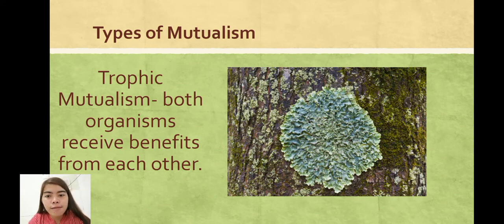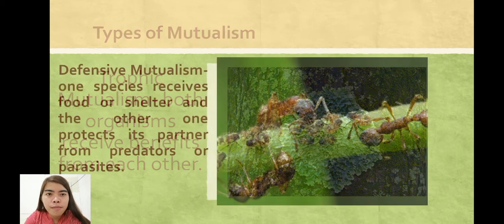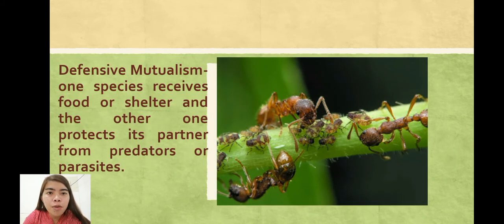Okay, understand? Next type of mutualism we have the defensive mutualism. So this example is given kanina sa video na pinakita ko sa inyo. Okay, when we say defensive mutualism, one species receives food or shelter and the other protects its partner from predators or parasites. So in the picture, you can see ants feed on the sugary honeydew left behind by aphids.